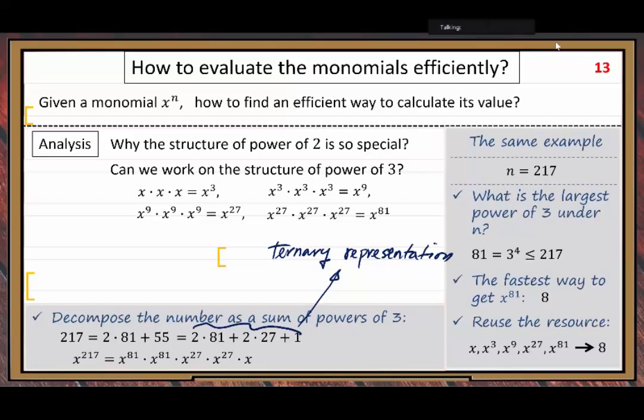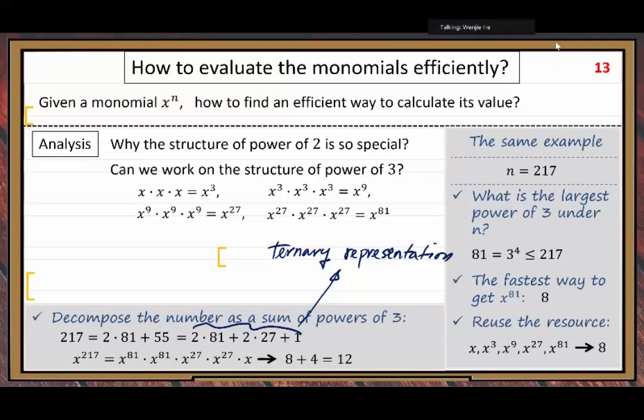Then, let's count the final number of multiplications. This is the cost we pay. We have paid 8 multiplications in our preparation step. Then, in our main step, we need to pay 4 more multiplications.